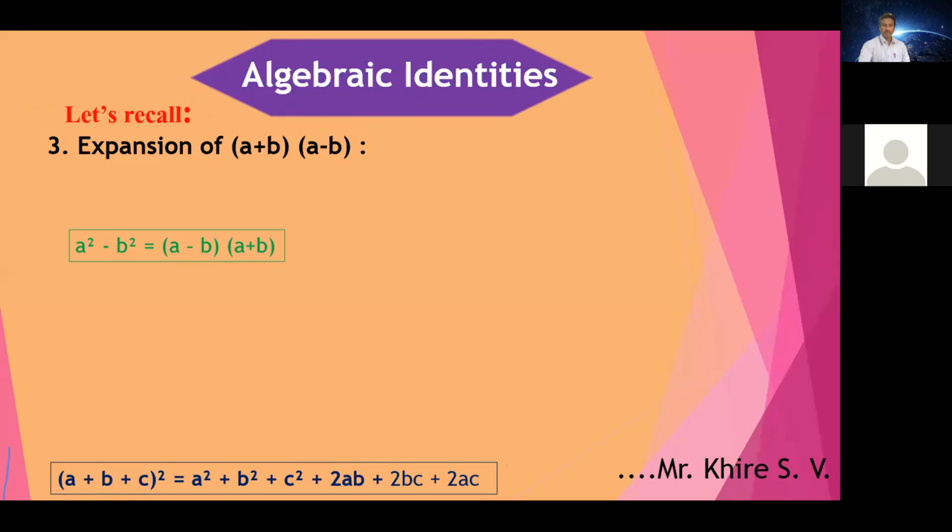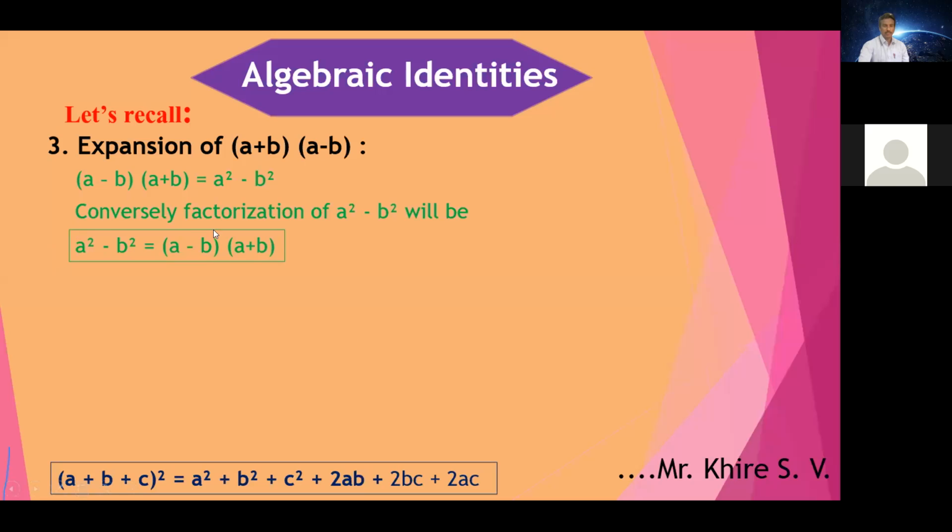Expansion of a plus b and a minus b means multiplication of these two brackets, a plus b into a minus b. Then we will get a square minus b square. Conversely, factorization of a square minus b square will be a minus b into a plus b.